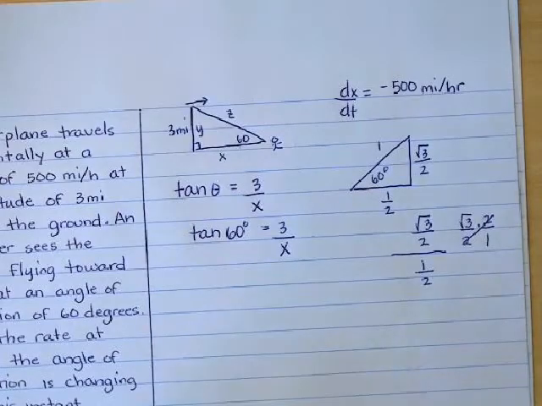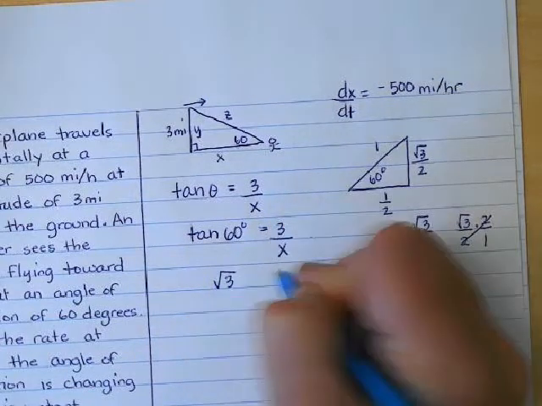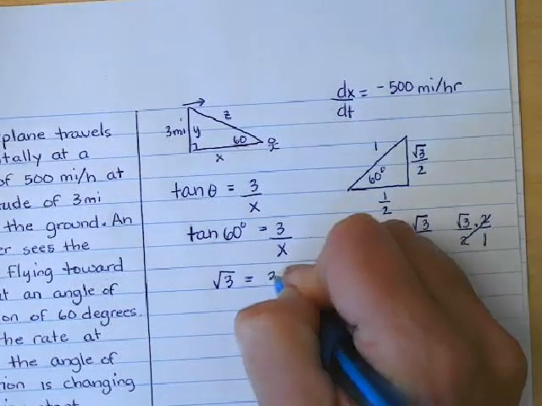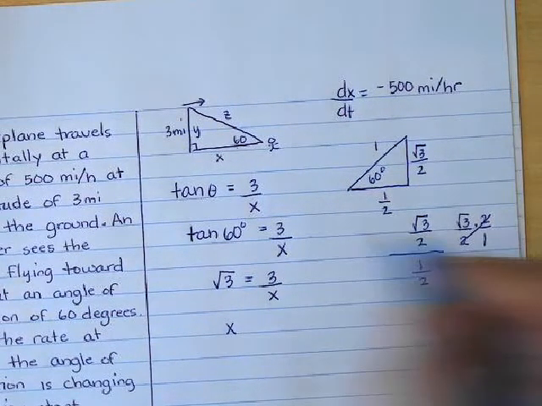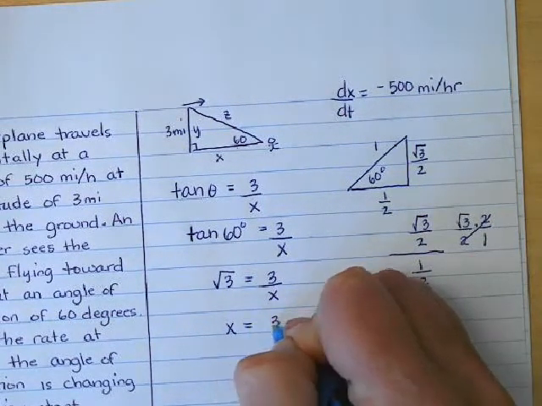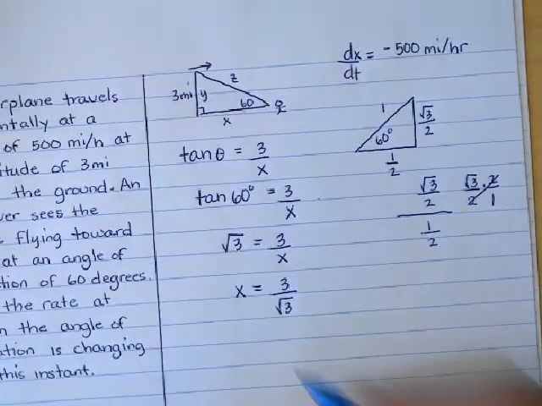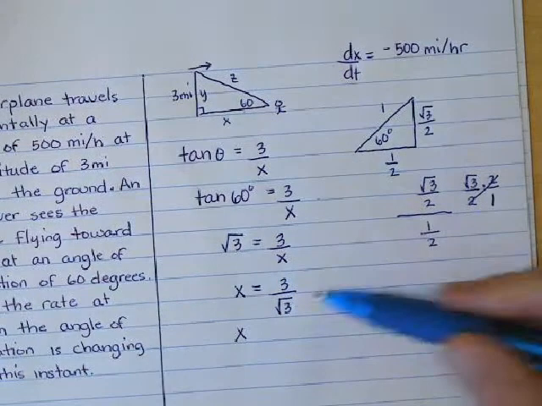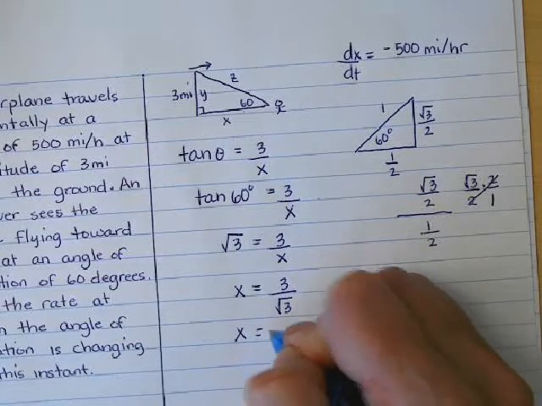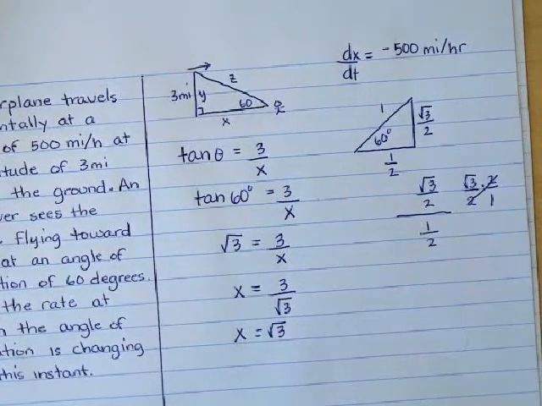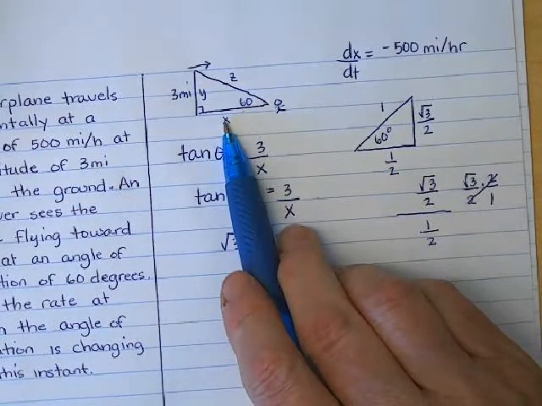So it's equal to the square root of 3. So the square root of 3 is equal to 3 over x. So x radical 3 equals 3. X is 3 over radical 3. I'm going to rationalize the top and the bottom. I would get 3 radical 3 over 3, which is radical 3. Now I know this distance right here.